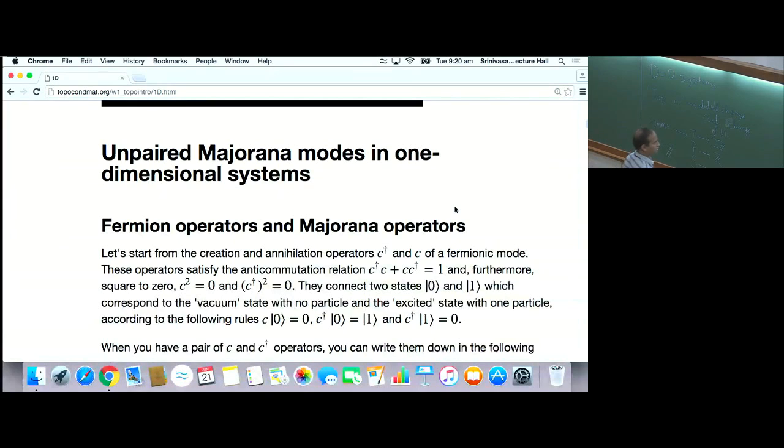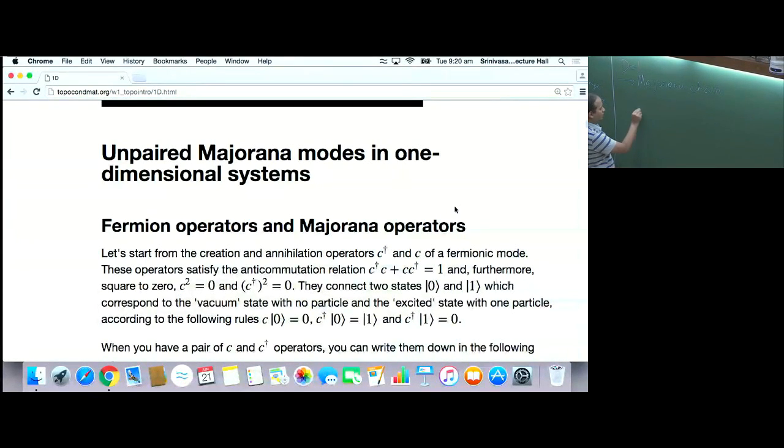That was part 1. And then for D equals 1, we started looking at a Majorana chain. And there were two things that we concluded.